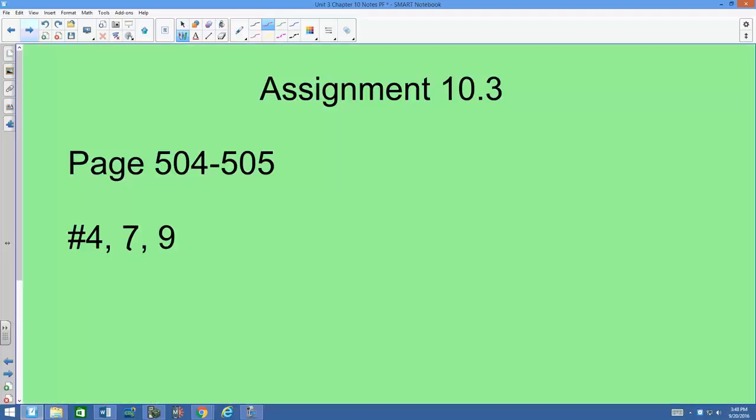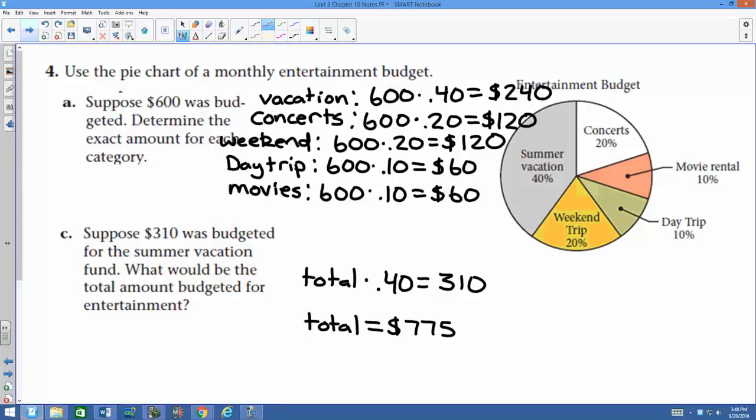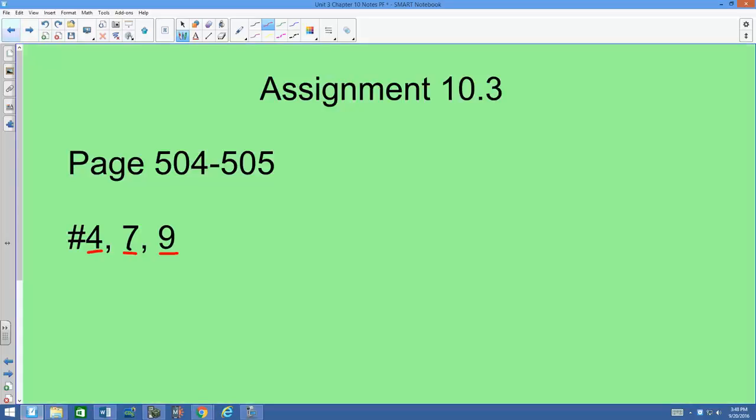All right, so that's it for 10.3. Let's do the classwork, problems 4, 7, and 9. All right, so let's go ahead and pause the video, take some time to try these problems, get them done.